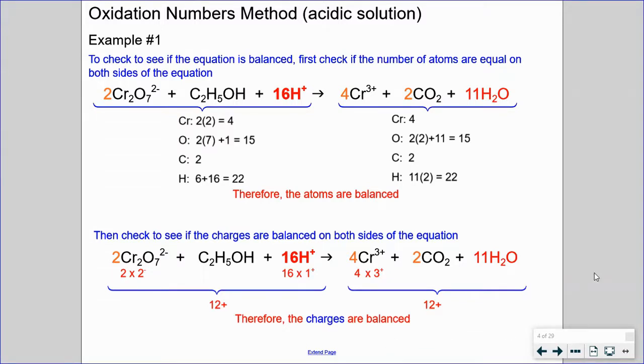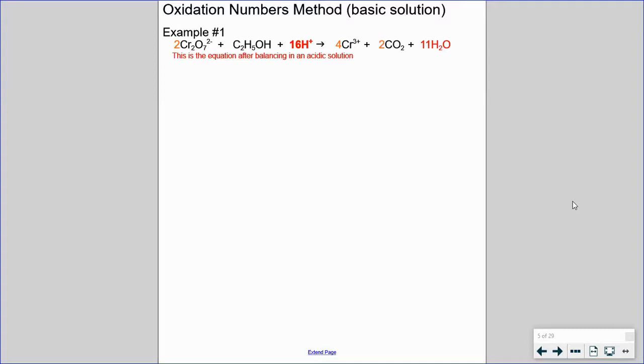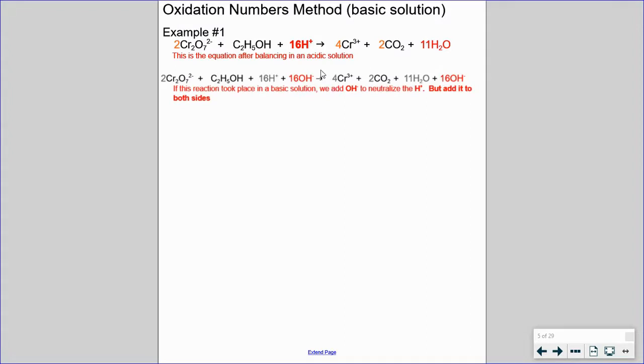That was if our reaction was occurring inside an acidic solution. If the reaction is occurring in a basic solution, what will we do then? If this redox reaction occurs in a basic solution, we cannot stop here. The reason is that there are still 16 hydronium ions inside the solution, and this makes it an acidic solution. So our next step is to add hydroxide ions to neutralize these hydronium ions.